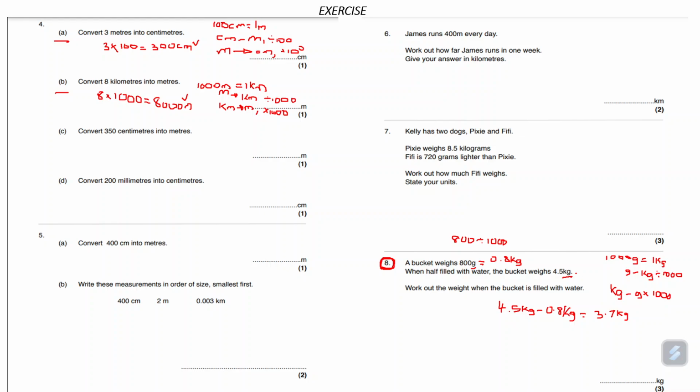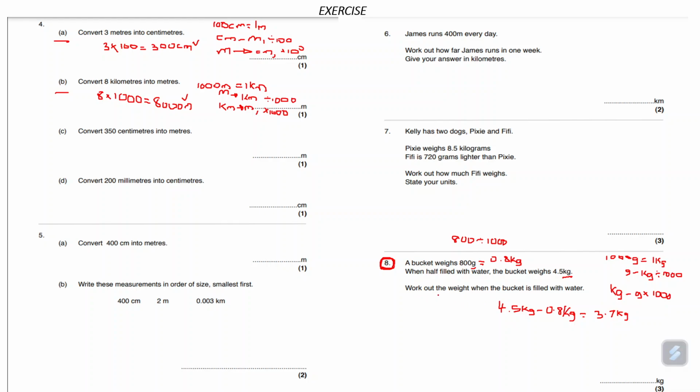Meaning the water, when half filled, has weight plus the weight of the bucket, which is 0.8 kilogram. Their total weight gave us 4.5 kilogram. So we need to determine the actual weight of the water when half filled. To do that, we subtract the weight of the bucket from the total weight. So the actual weight of the water when half filled is 3.7 kilogram.